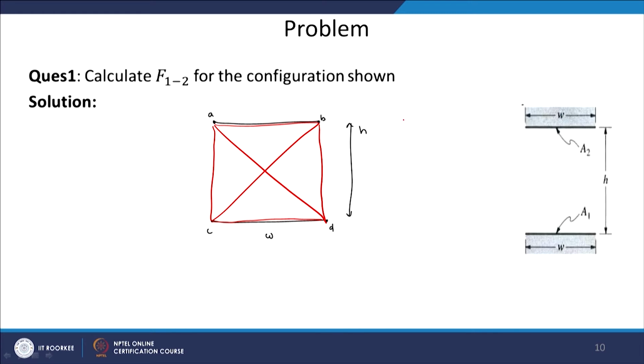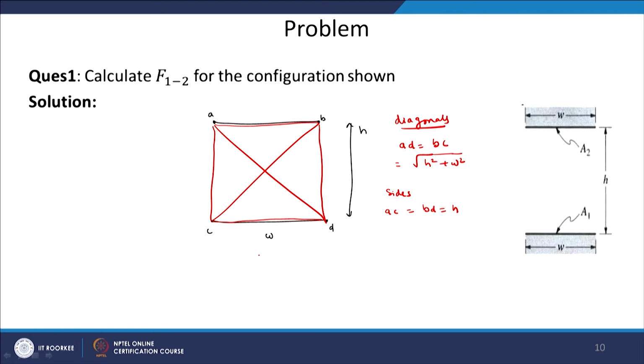So, the diagonals AD and BC have the same length, and the length is basically given by the root of h square plus w square, since this distance is h and this is w. This is the length of the diagonals, and the sides AC and BD are simply equal to h.